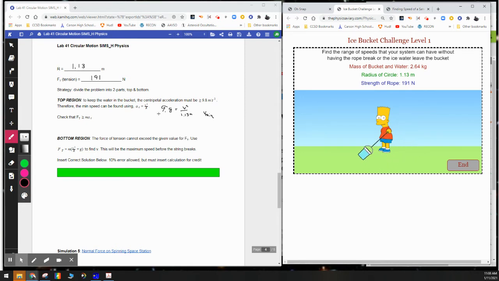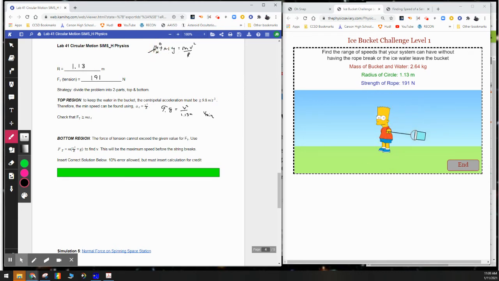Plug 9.8 in for centripetal acceleration. Here's v, and here's the radius. Simply solve for v. Now, this is one way to do it. In class, we were talking about the normal force, right? Normal force plus mg was equal to m v squared over r, and this was at the top. We said that when the normal force is 0, water is going to fall out.